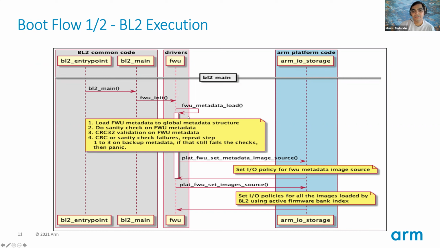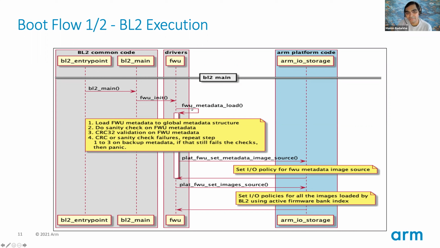This function in turn calls FW metadata load, which loads the metadata present in the GPT image into some structure, maybe global variables. Then we do a sanity check of that firmware metadata, whether all the fields are within bounded limits or not, and then, as I mentioned, we do the CRC32 validation of that loaded metadata.